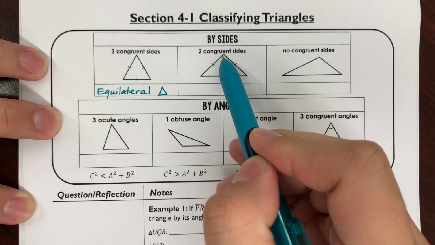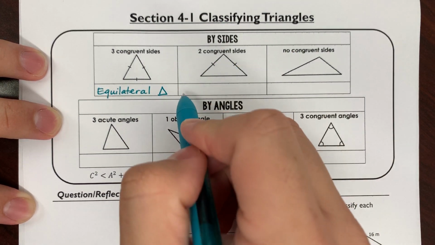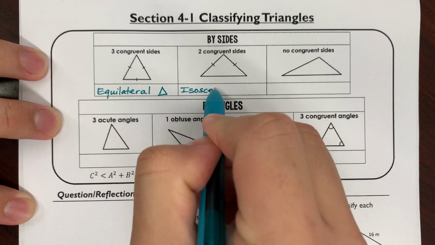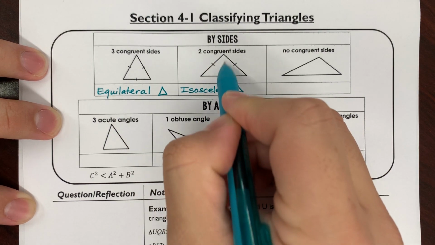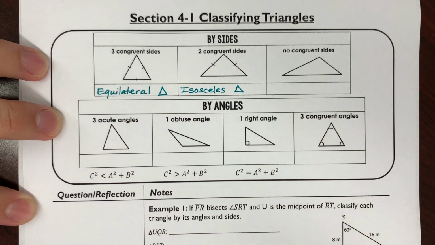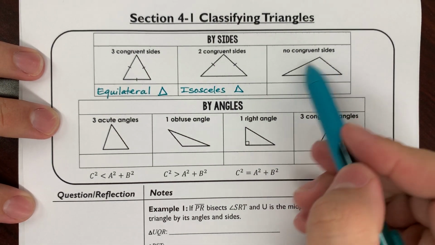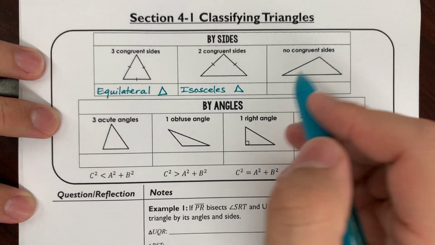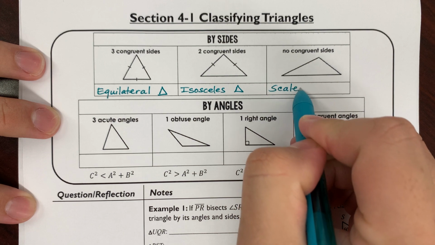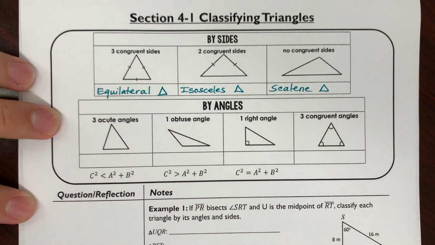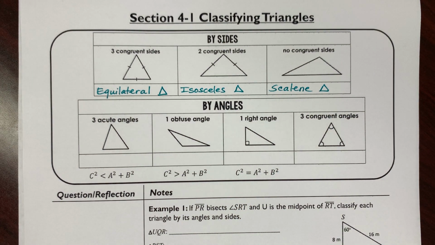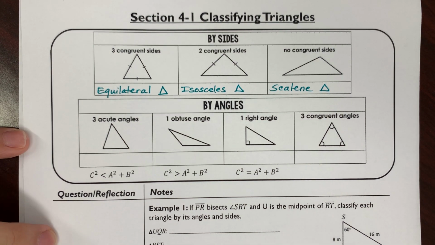The next one is saying that if we have two congruent sides, then that is an isosceles triangle. Two sides are the same and one is different, we have an isosceles triangle. And if none of the sides are the same, then that's what we call a scalene triangle. Pretty easy names to remember. Hopefully this is a review of what you've done in the past.